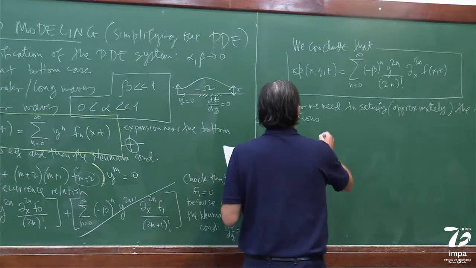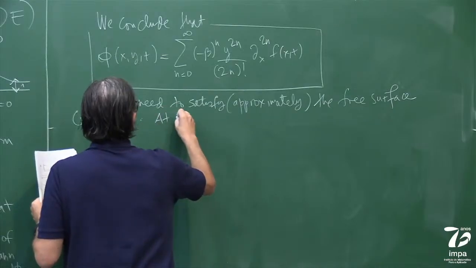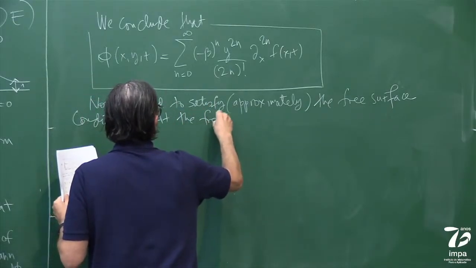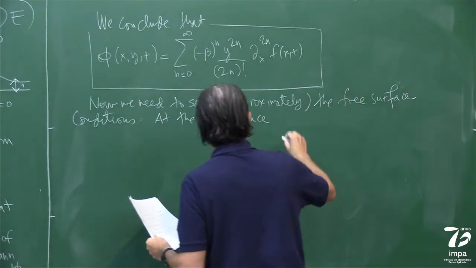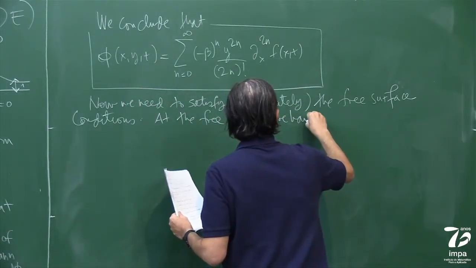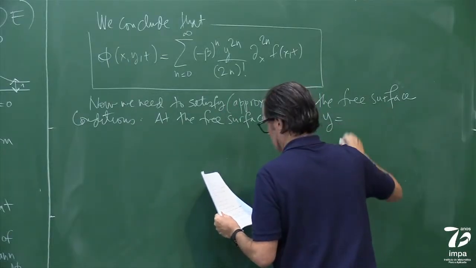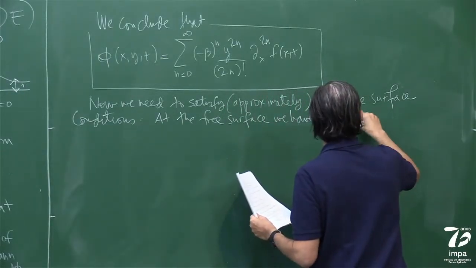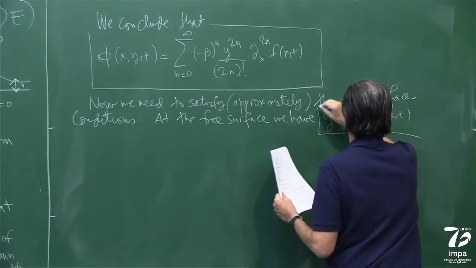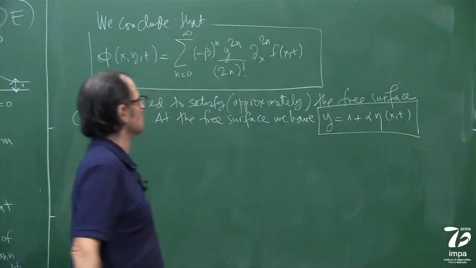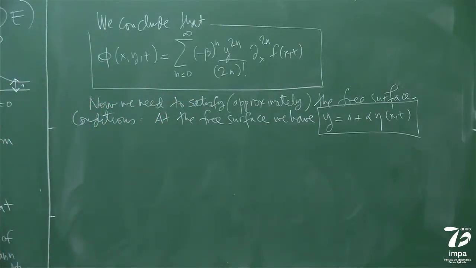So at the free surface, we have y equals 1 plus alpha eta of x, t. That's the definition of the free surface.